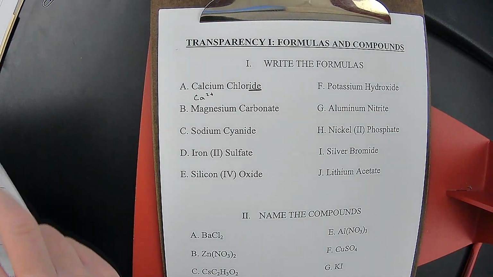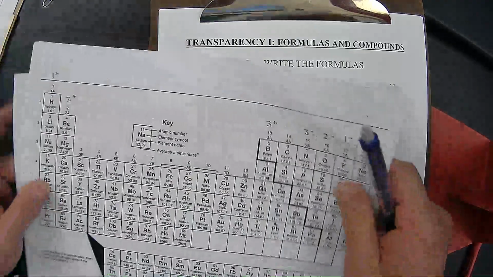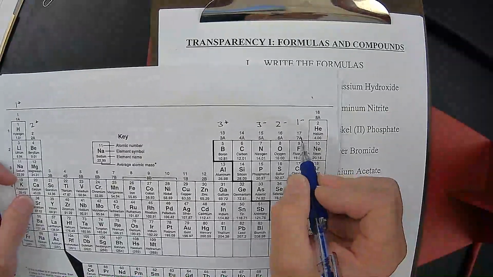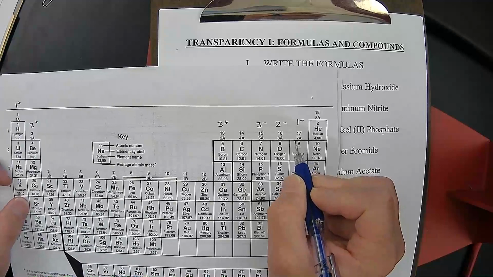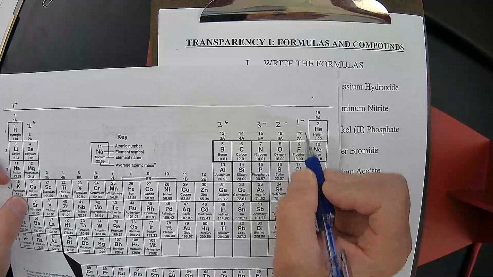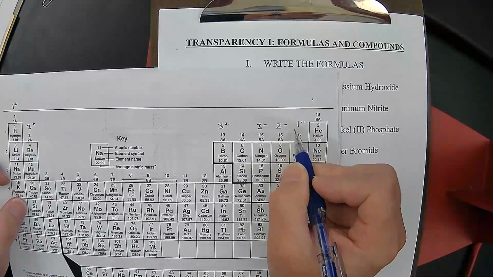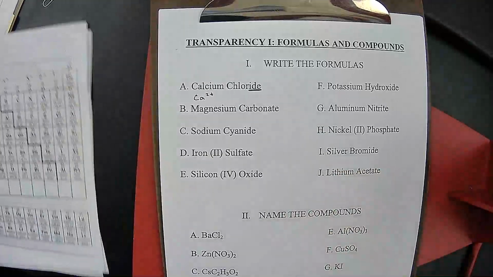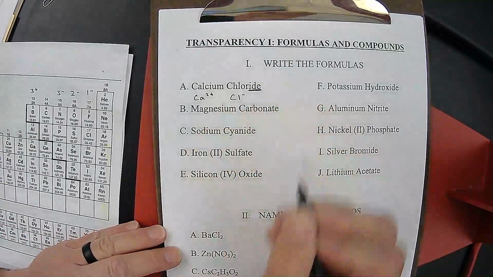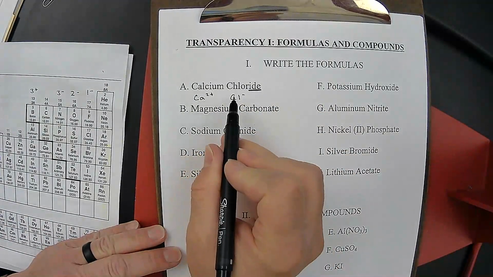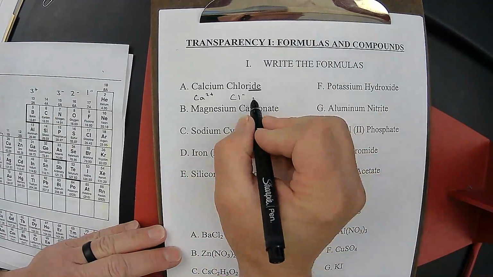It's an element from the periodic table. When I look up Cl, it's in column 7A. That indicates to me it has 7 valence electrons, and it wants to gain 1 valence electron to become a Cl minus.